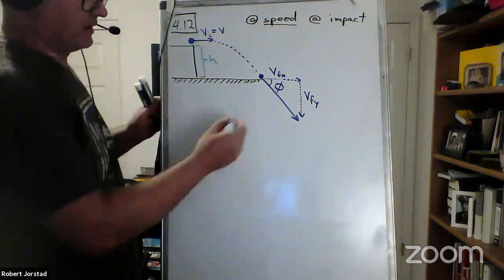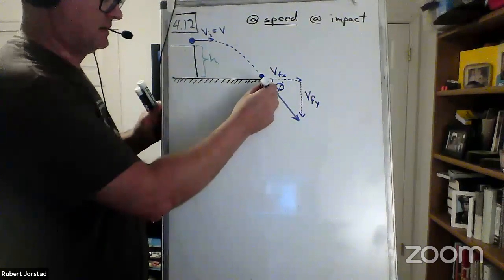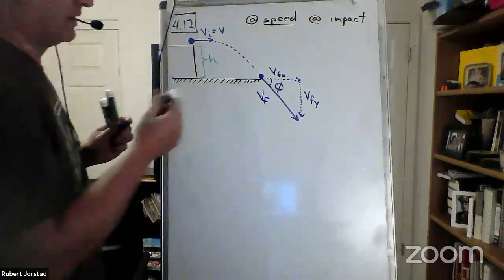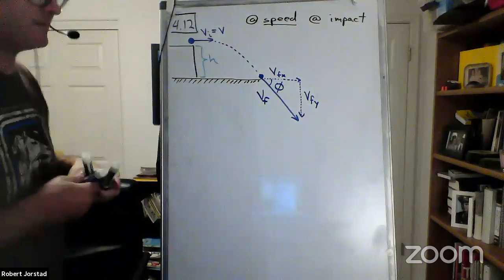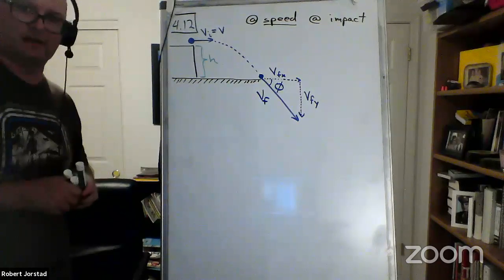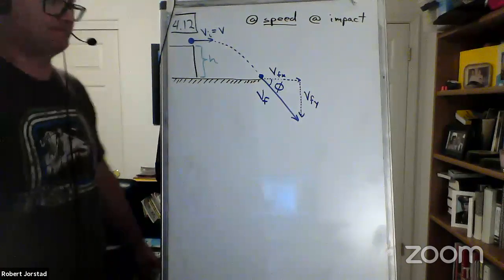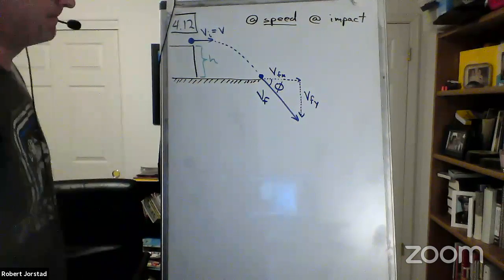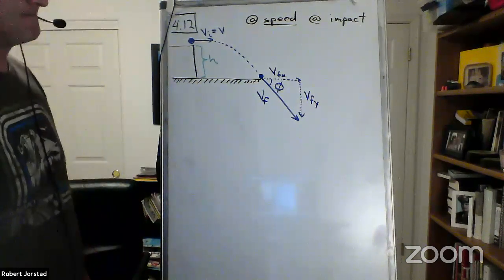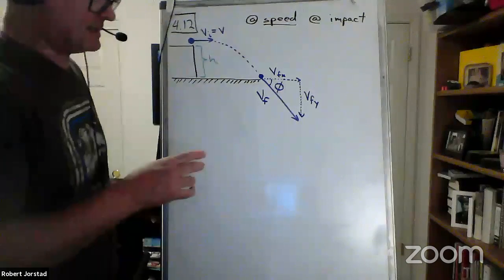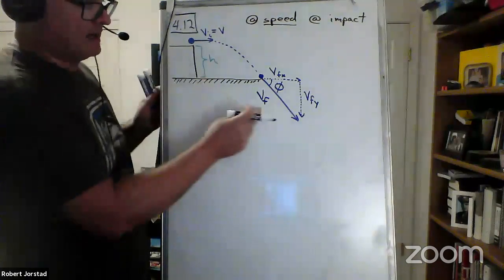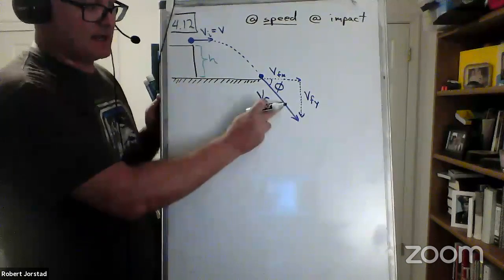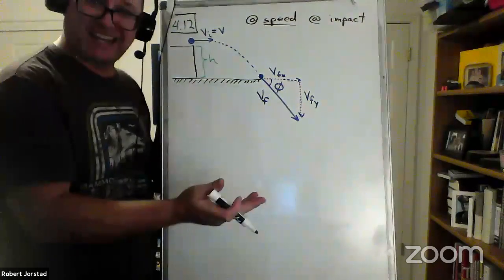So to be clear, am I looking for V final x, V final y, or V final? What do you think, class? Somebody can go ahead and unmute. Final. That's right. So as tricky as this is, be aware, together, the speed and the direction make a velocity.